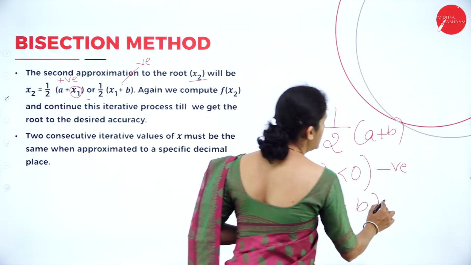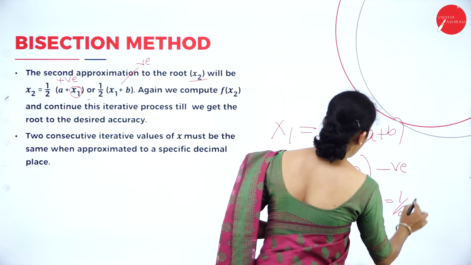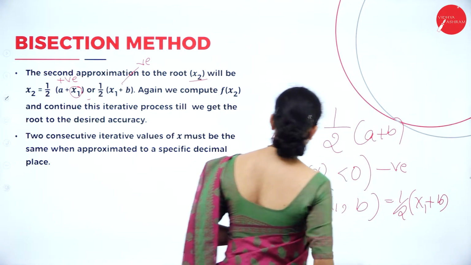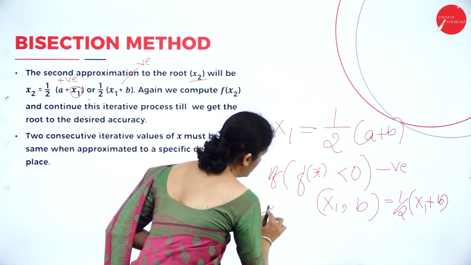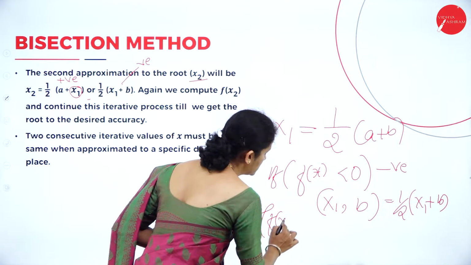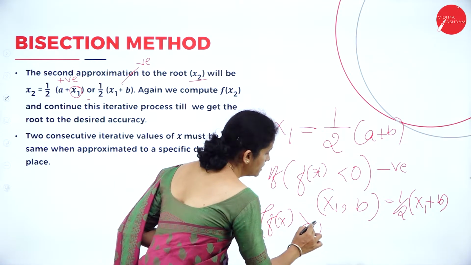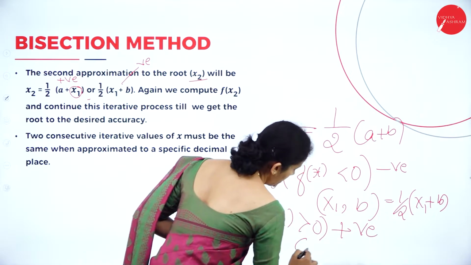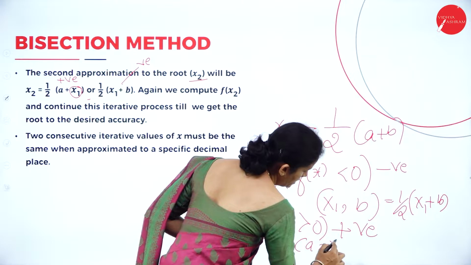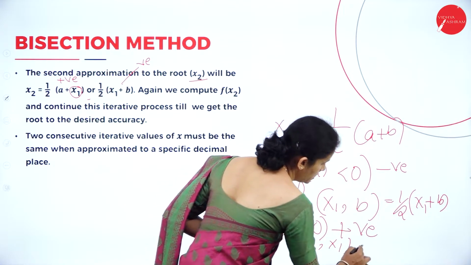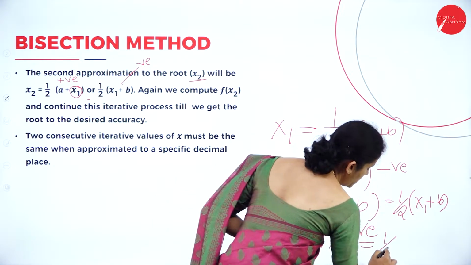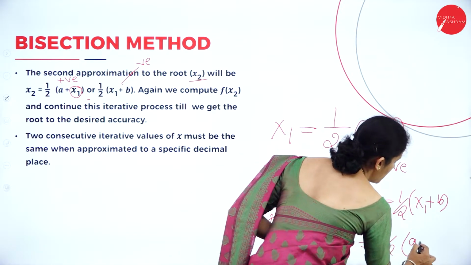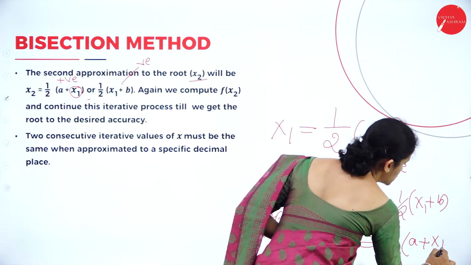So, the formula is half x1 plus B. Now, if f of x is greater than 0, then it is a positive number. Then A remains as it is and I'm going to change B. Therefore, the formula is modified with respect to A plus x1.